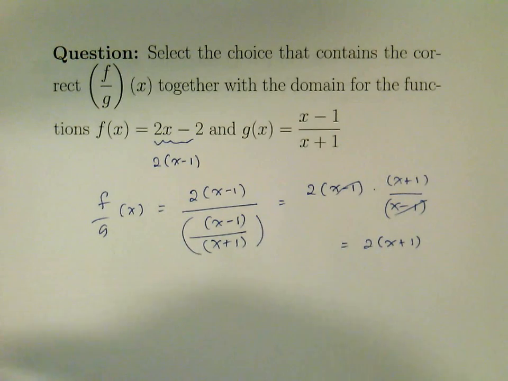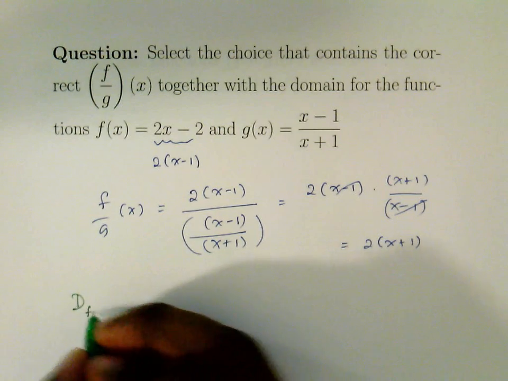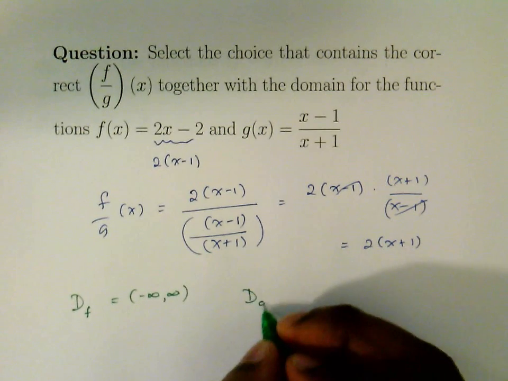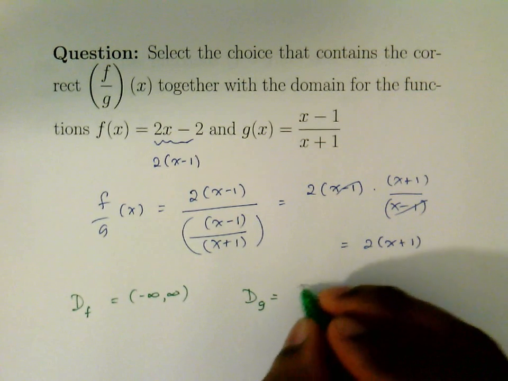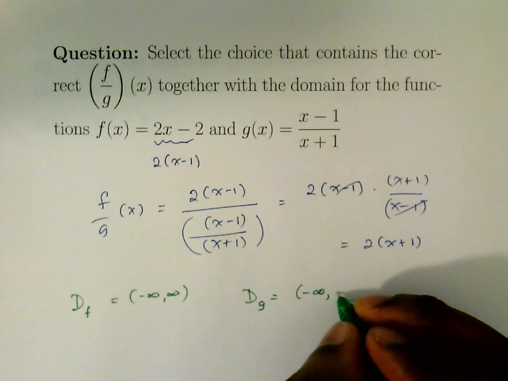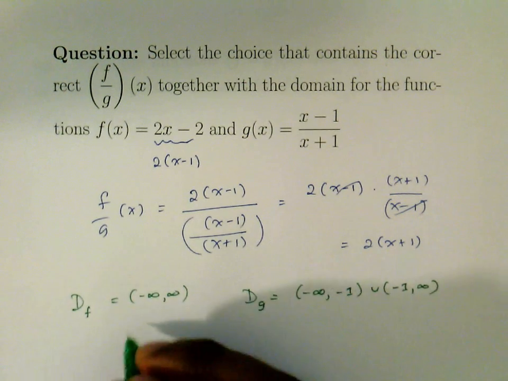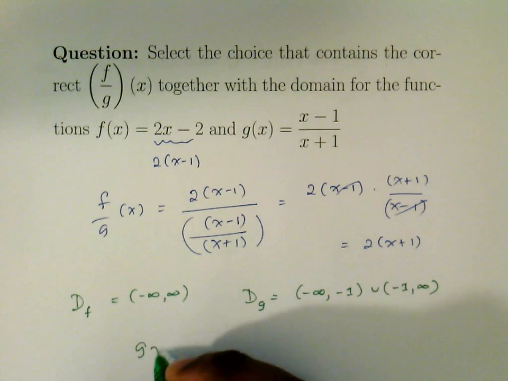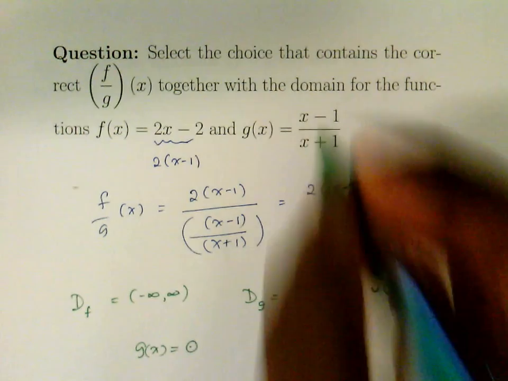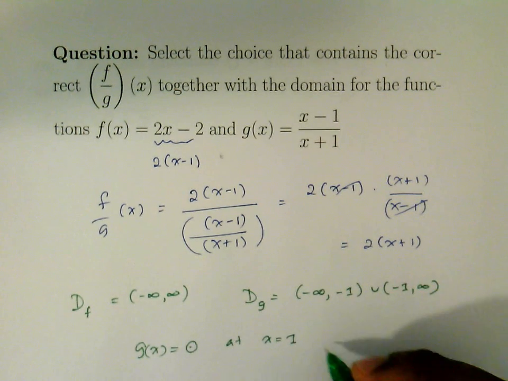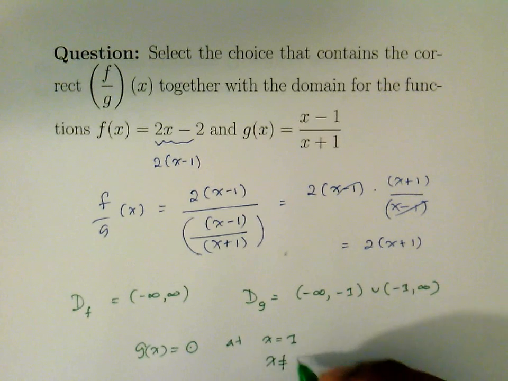But the domain is the domain of f, which is all real numbers, the domain of g, which is x not equal to -1, and then g(x) equals 0, that's this, at x equals 1. So x not equal to 1.